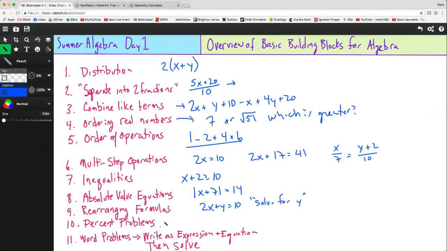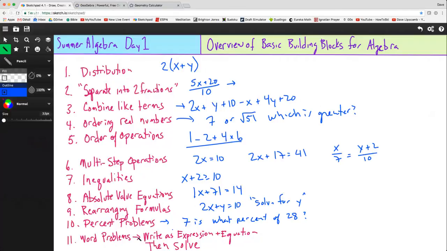Percent problems. These can drive people crazy, but I'll show you a very easy way to never screw these up. So this is like 7 is what percent of 28? I'll show you how to do this so you'll never screw it up.